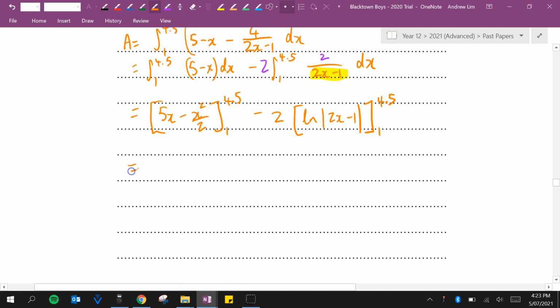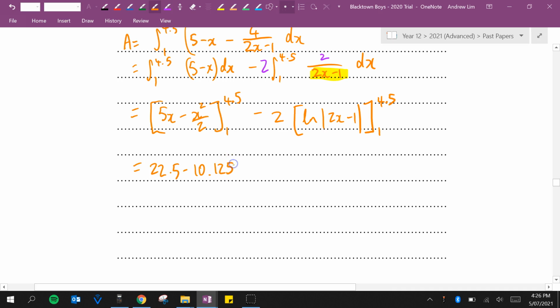Right, let's sub them in. So we have 5 lots of 4.5, which is 22.5, minus 4.5 squared on 2, which is 10.125.